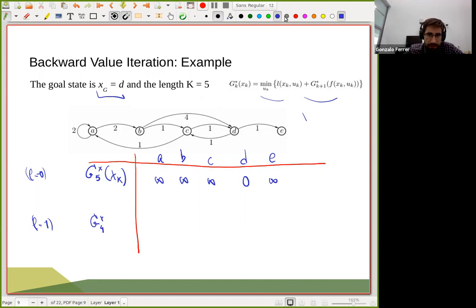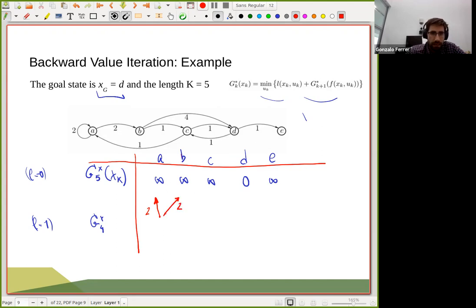So for instance, let me start here. I'm just going to write what is the connection between nodes. From node A, we can go again to node A with cost 2, and we can go to node B with cost 2.